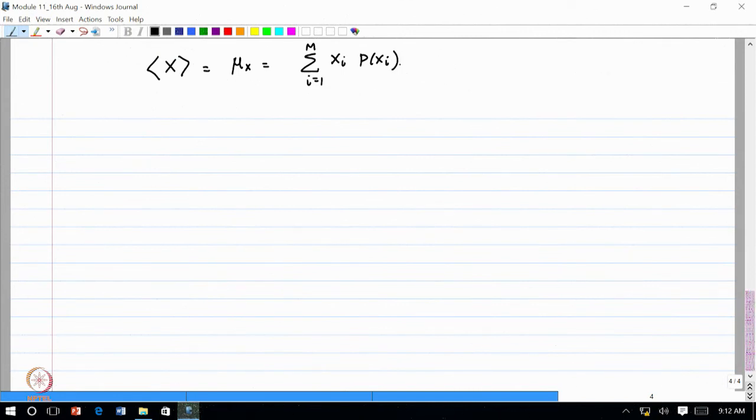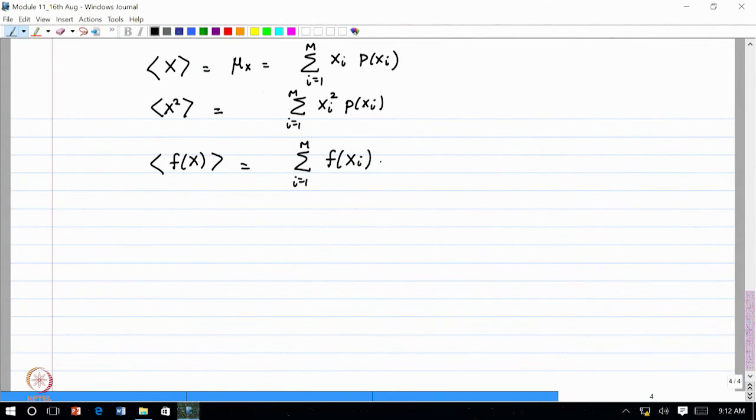And you can immediately see from this that the average of x square is equal to sum over i equal to 1 to m of xi square p of xi, and in fact the average of any function of x is equal to sum over i equal to 1 to m of f of xi, the value of f at xi, times p of xi. So, you can do this for squares, you can do this for cubes and so on.